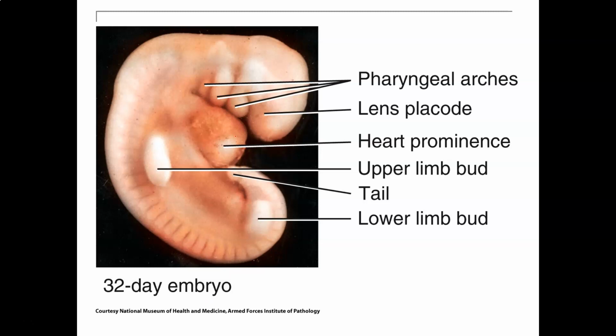And in this picture, of course we're not looking inside, but you can see the eye starting to form. You see where the heart is formed and it's actually beating at this point. You see the limbs developing, the arms and legs. Notice we do have a tail in the early embryo, which later is resorbed. So we're not born with it.